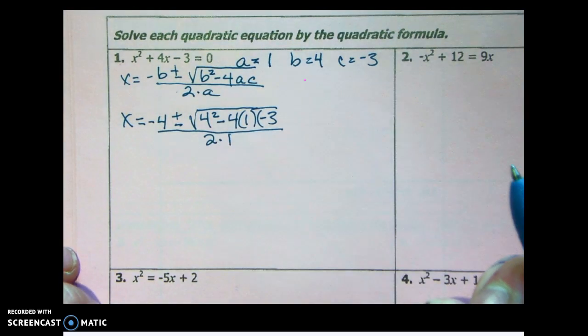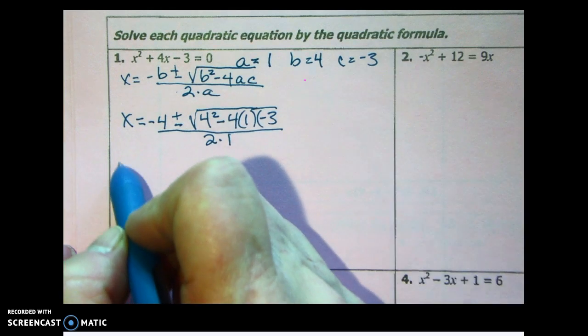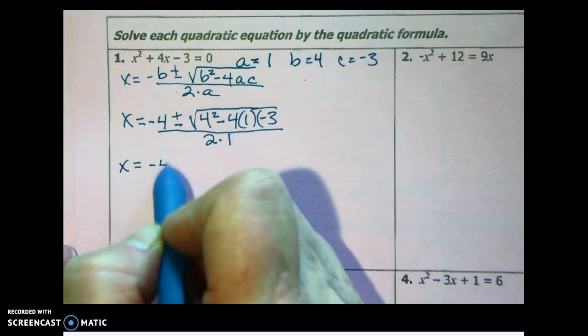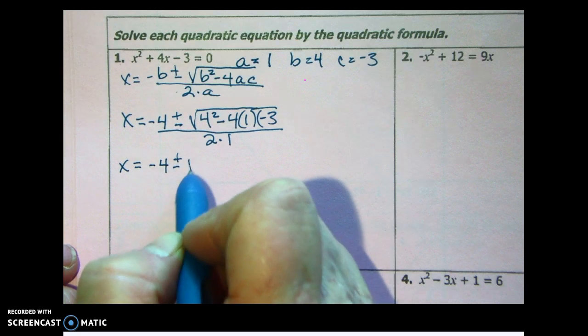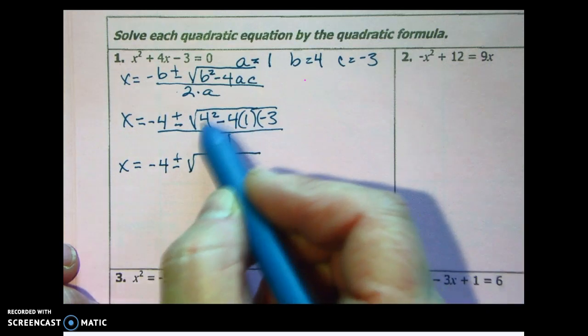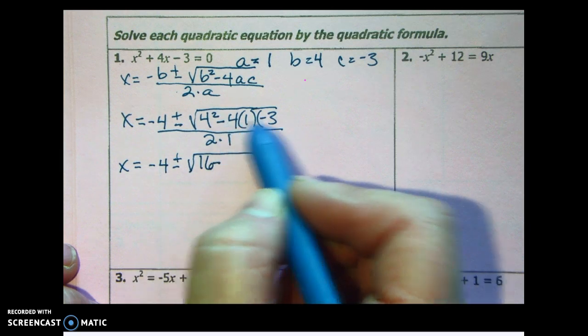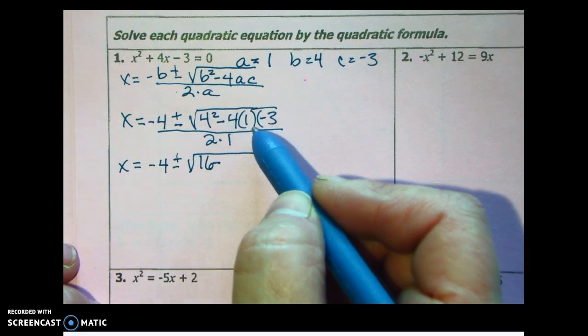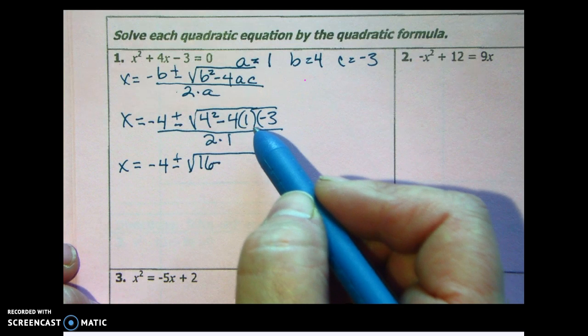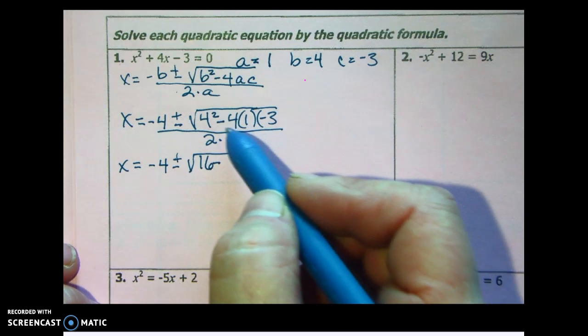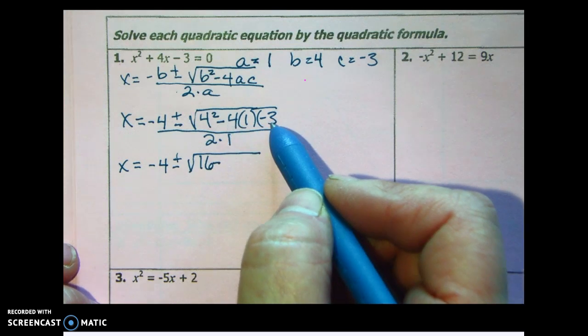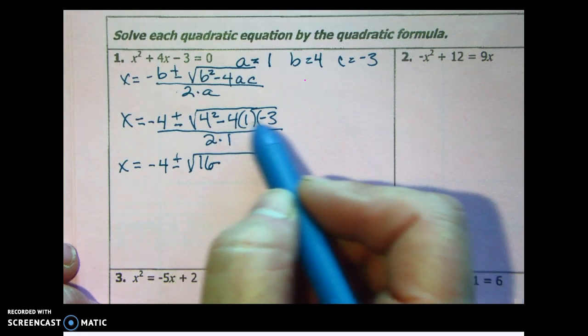Next line down. x equals -4 plus or minus the square root of 4 squared, 16, minus 4 times 1 is -4, and then -4 times -3 is 12. So I'm seeing that I've got a negative and a negative.